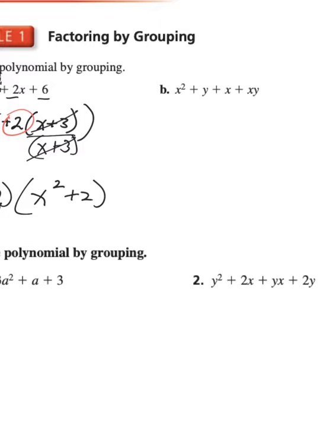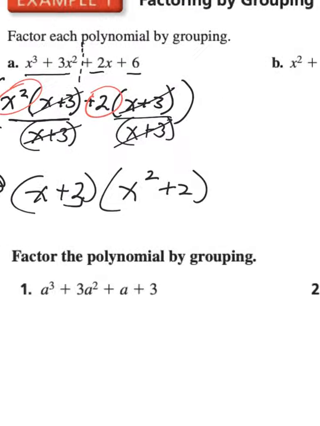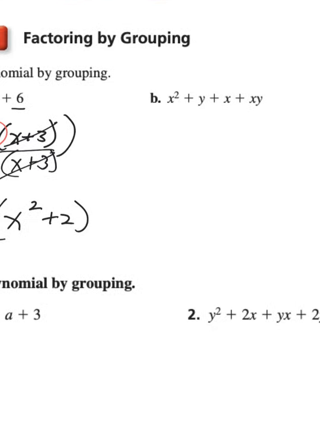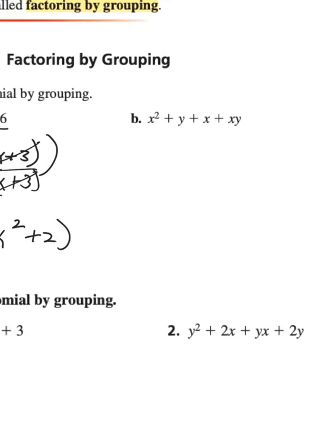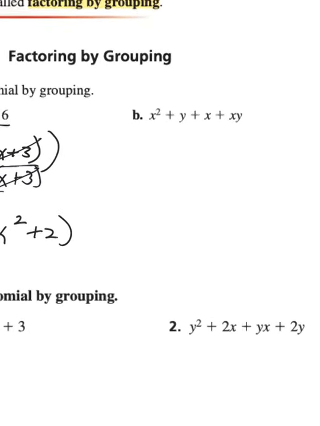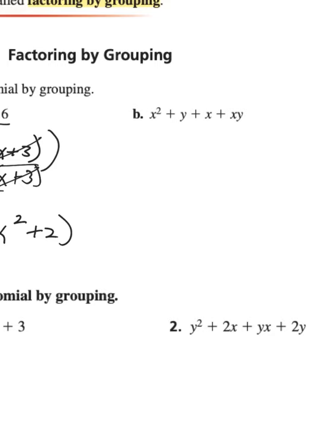Now on this one, what I'm going to do is I'm going to take some shortcuts. All right. So instead of doing the big pull it out and divide by everything, let's see if we can just take the common factor out right away. Now, if you look at this first one, unfortunately, we don't have a common factor for both terms.